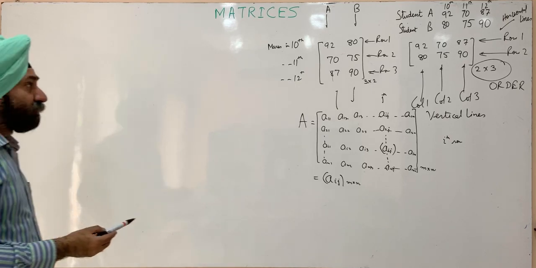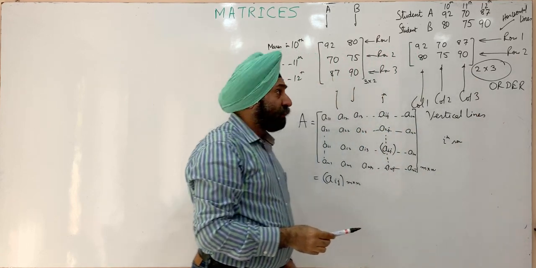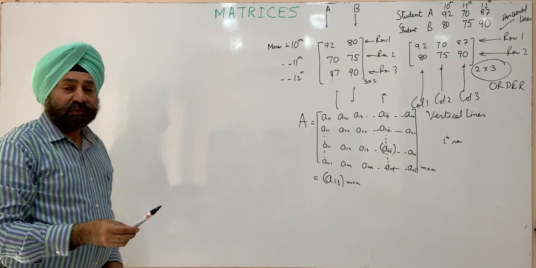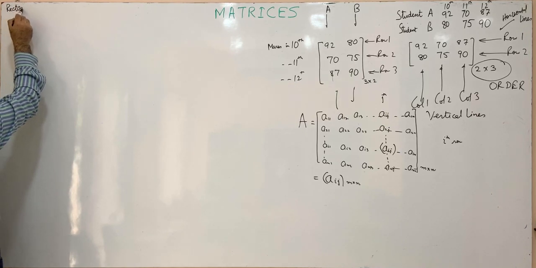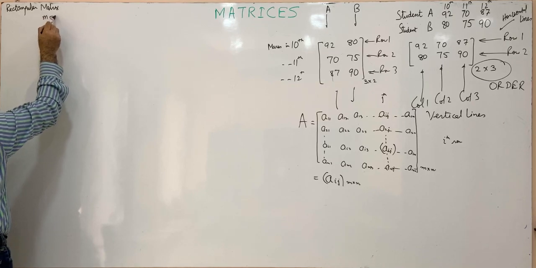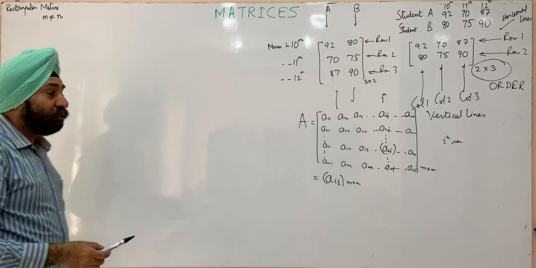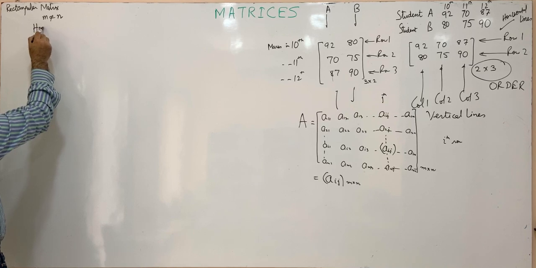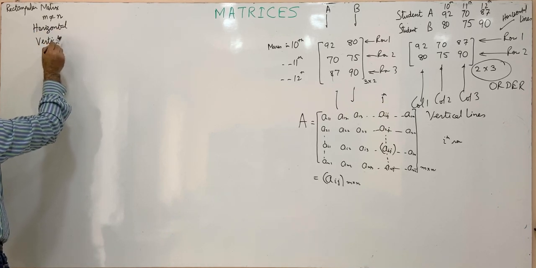Matrices are of different types. For example, this one, there are 2 rows and there are 3 columns. This one is a rectangular matrix where number of rows and number of columns is different. So we have a rectangular matrix if m is not equal to n. If m and n are different, we have a rectangular matrix. Rectangular matrices are of 2 types, horizontal matrix and vertical matrix.